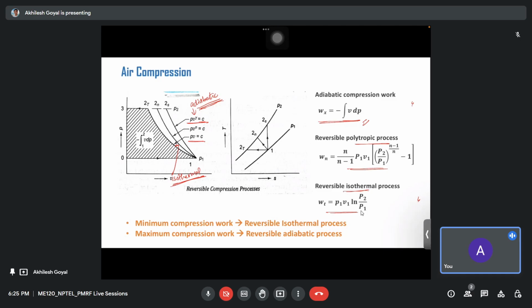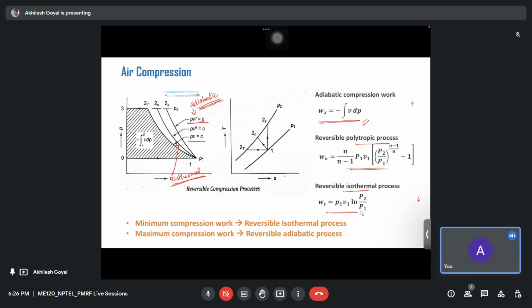Also, high rpm compressors have no time for heat transfer, so they are very close to reversible adiabatic compression, and the work done is the maximum work done there.